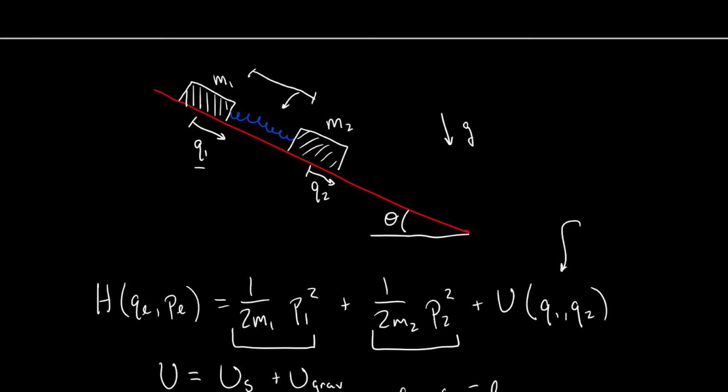But now we do have to be careful, because we might want to say that, for example, h1 is q1 sine theta, right? Sine theta just coming from this right triangle here. But there's sort of a few ways to think of this.